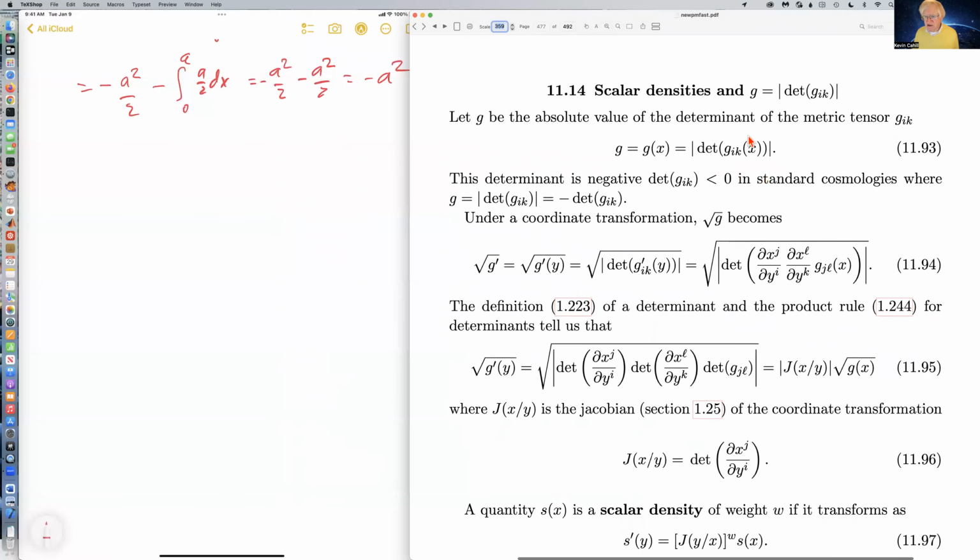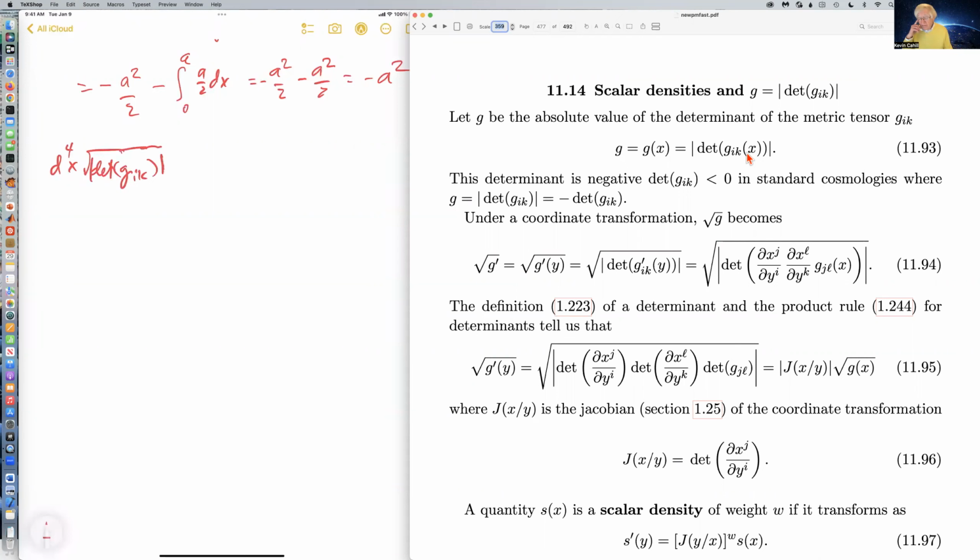And it's the covariant rank 2 metric tensor, so lower indices. And the idea here is that we want d4x times the square root of the absolute value of the determinant of gik.